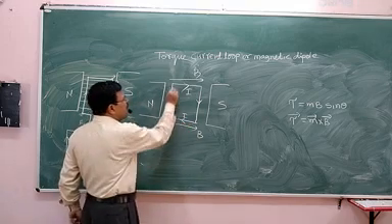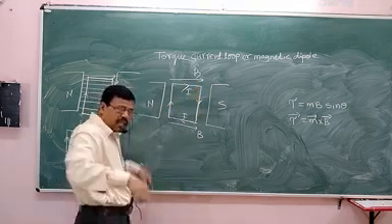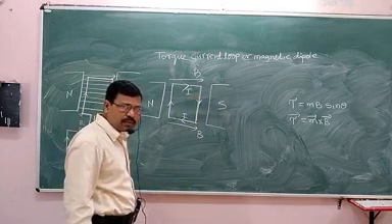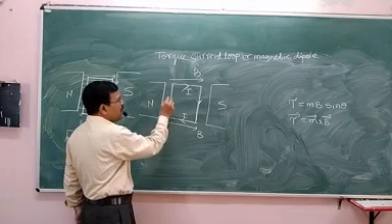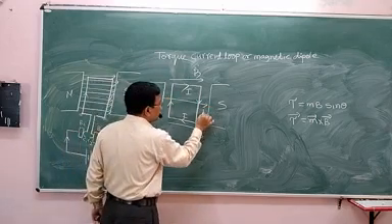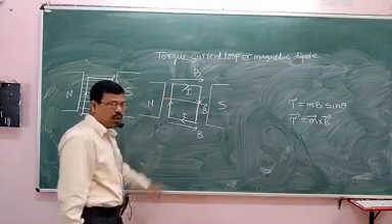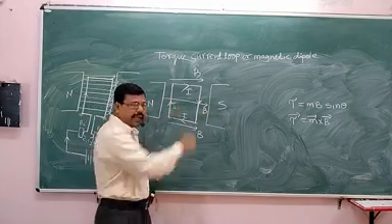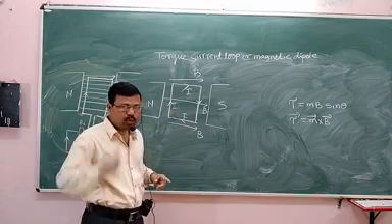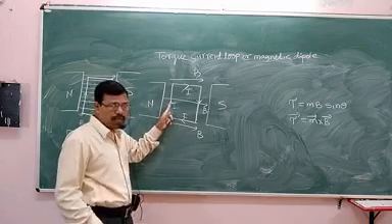Whereas this arm and this arm experience force. What is the direction of current here? Vertically upward. What is the direction of magnetic field? From north to south. What is the angle between magnetic field and current? 90 degrees. Sin 90 is 1. So here is a force BIl.